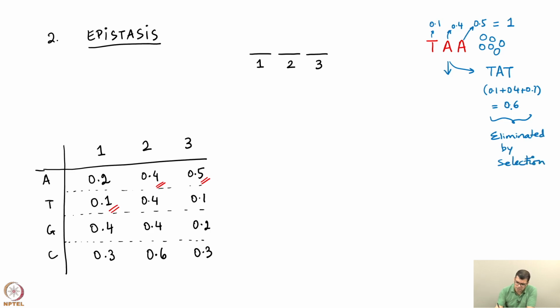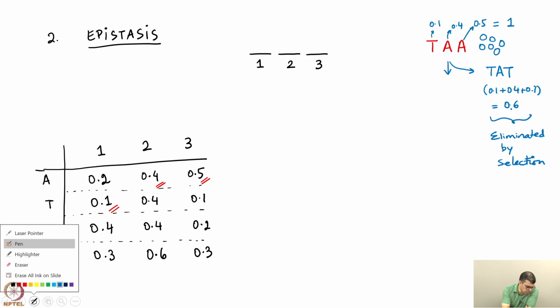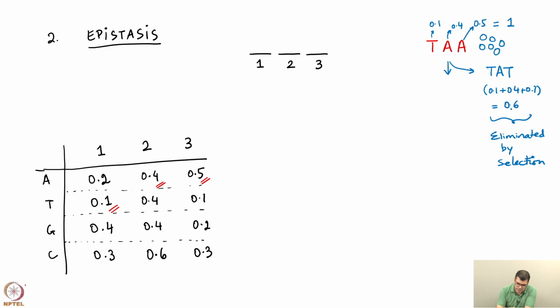So what would be a change that would not be eliminated by selection in a case such as this? What you should be seeing is that at position 3, A confers the highest fitness. If I look at position 3, A's contribution to fitness is highest and I already have an A. So at position 3, it's not really possible for me to improve.